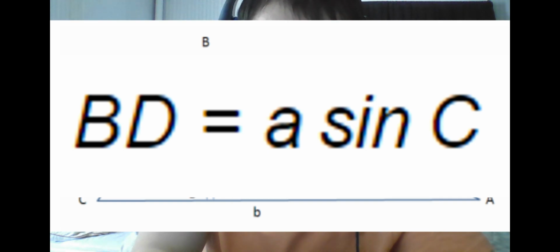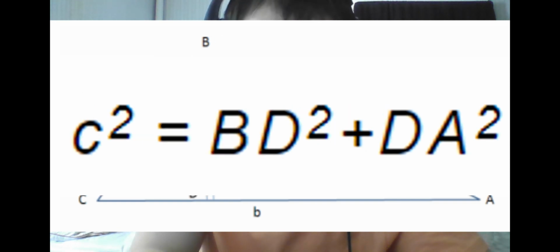However, this fact is useful to reiterate because we can now apply the Pythagorean theorem to state that the hypotenuse of one of the right triangles squared equals the height of the split squared plus the leg of the right triangle squared that is perpendicular to the split.